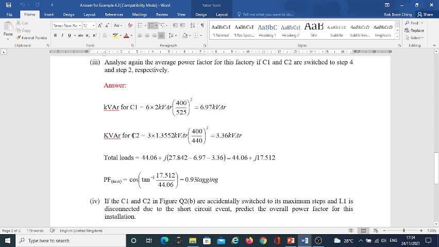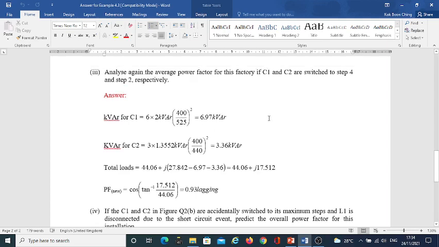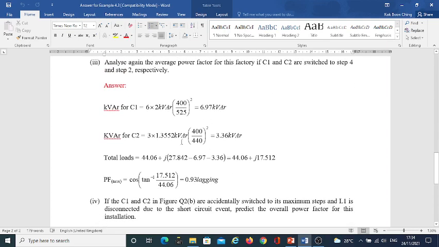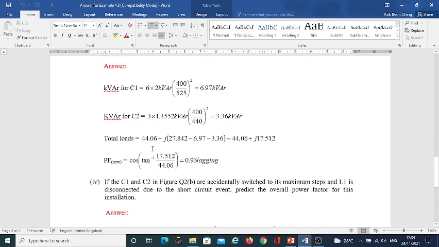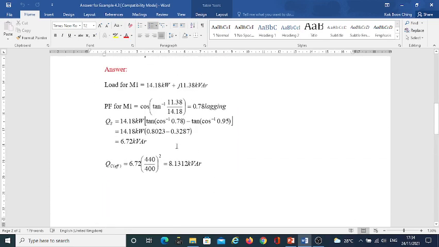And for C2 we have 3 units, and each unit is 1.355 that we obtained here. Then we compensate with the voltage difference, and what we receive is 3.36 flowing into our system. The total load is 44 just now.